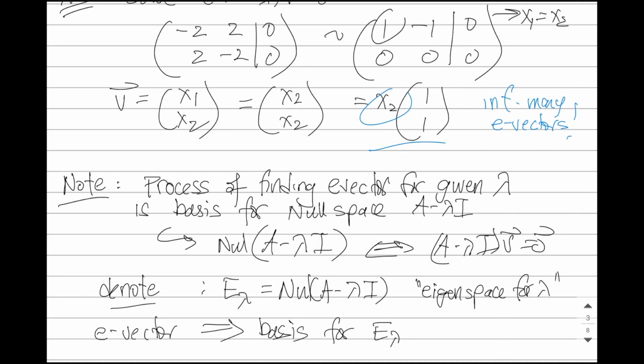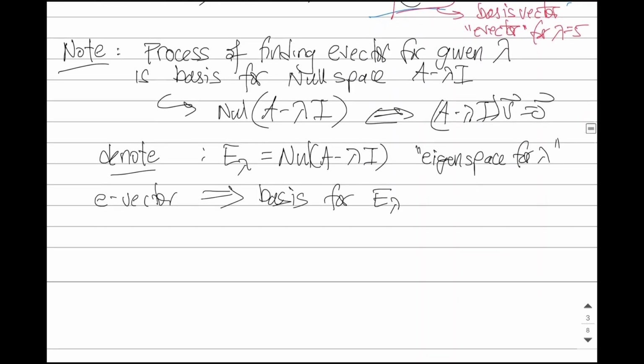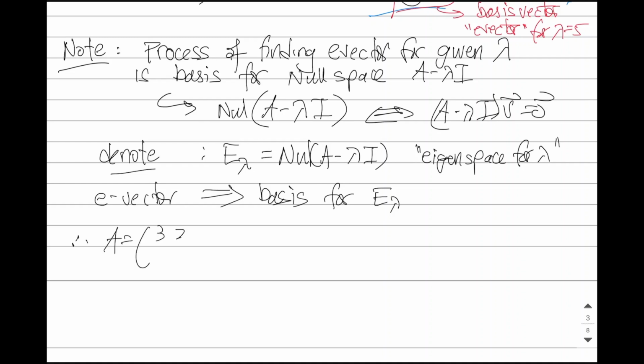In the first case, when lambda was 1, this is the basis vector. That's what we are going to call the eigenvector. This is the basis vector, so this is what we are going to call the eigenvector for lambda equals 5. And this is the eigenvector for lambda equals 1. That's what we mean when we say find an eigenvector.